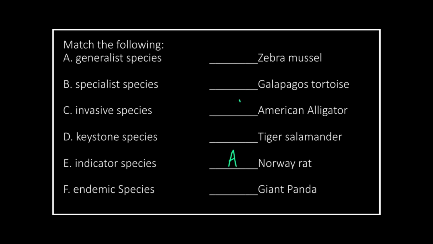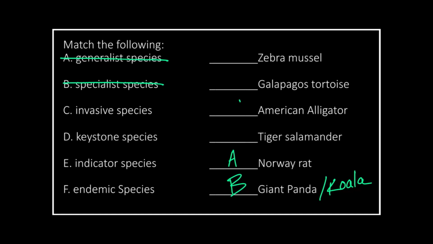I would maybe use the alligator too, but I guess there's a better one for the alligator. Okay. A specialist, something that's going to be very particular in what it eats. It's only going to eat that one thing and then not really anything else. So the panda would be a good example of a specialist. Another one would maybe be a koala.